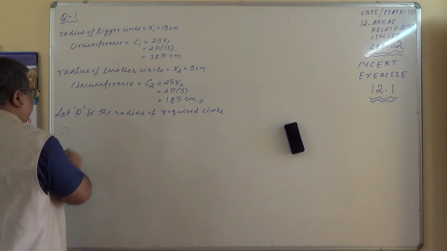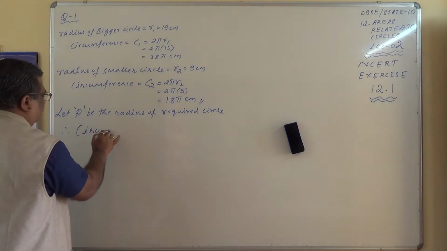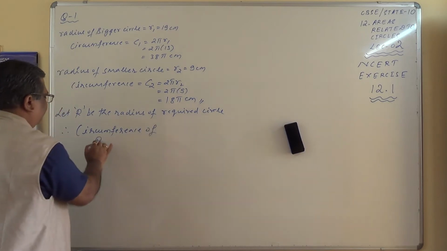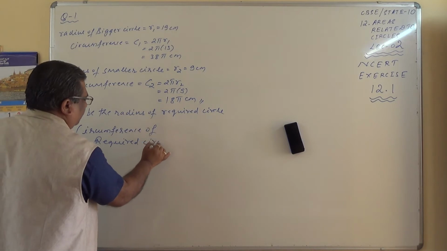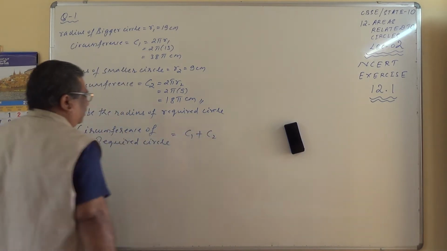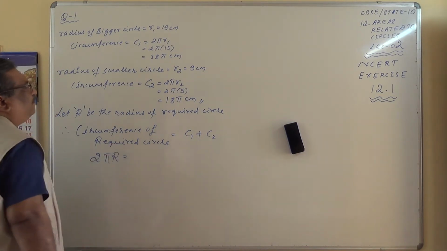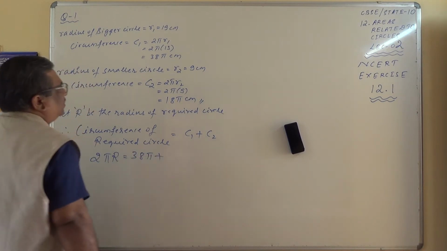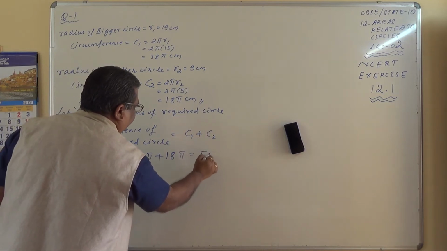Therefore, according to the question, circumference of required circle is equal to C1 plus C2. This is nothing but 2 pi capital R equals C1 which is 38 pi plus C2 which is 18 pi, which equals 56 pi.